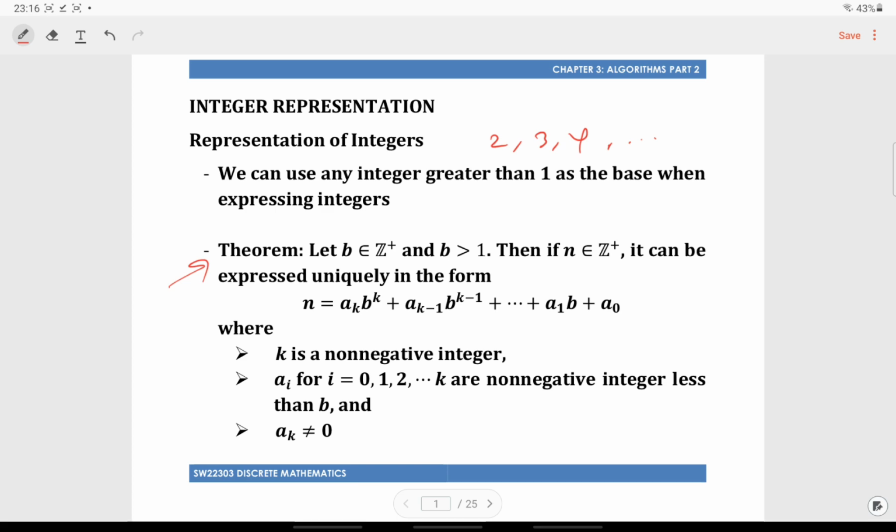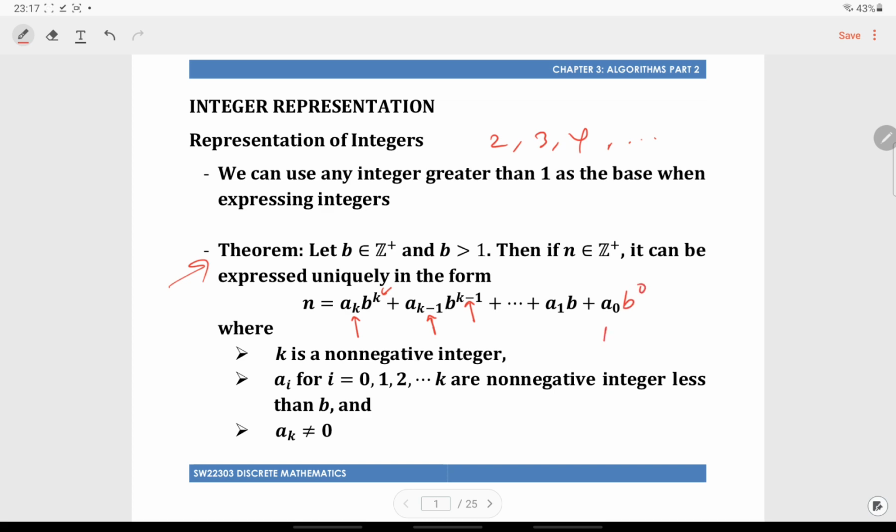Then, if the positive integer n can be expressed uniquely in the following form: n equals a sub k times b to the power of k, plus a sub k minus 1 times b to the power of k minus 1, and we continue the operation up to a1 times b, no need to write the power for b, plus a naught times b to the power of 0.